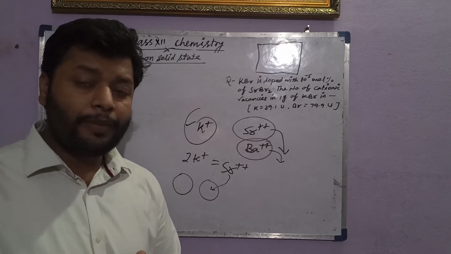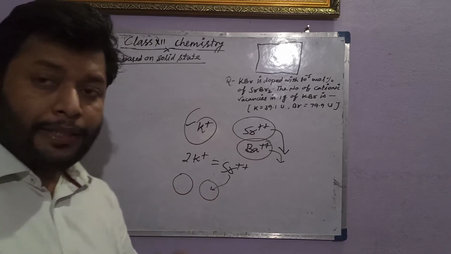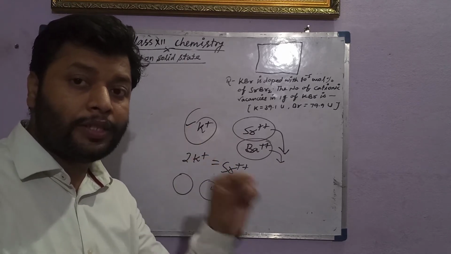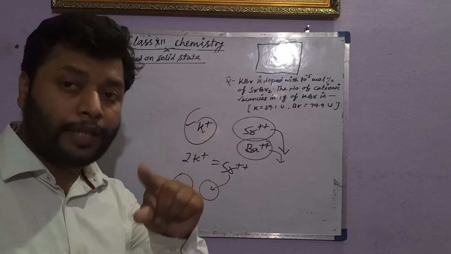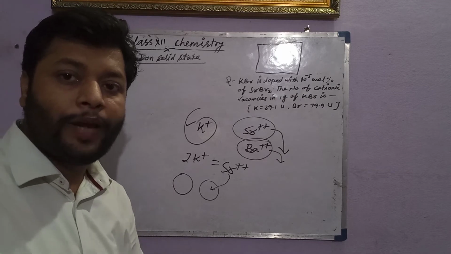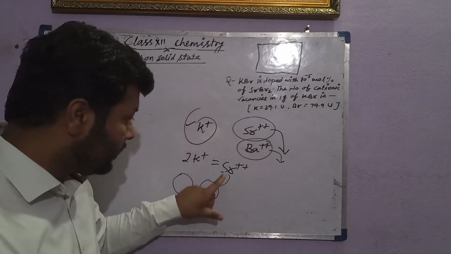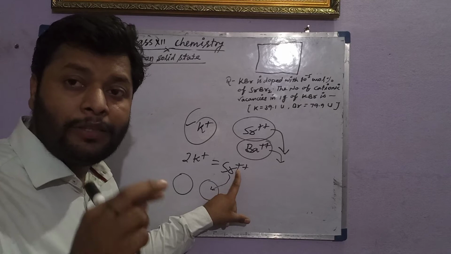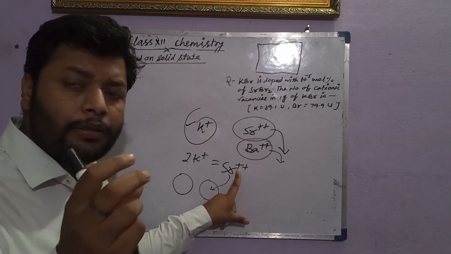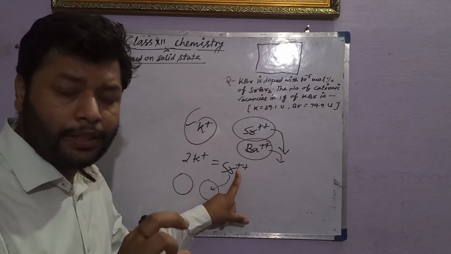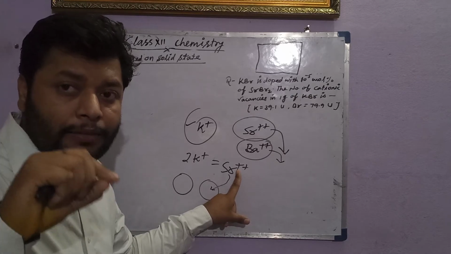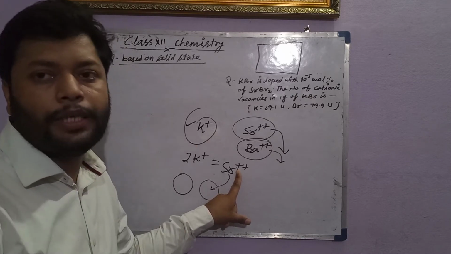So what can you observe in the crystal? You can see 1 cation place is occupied by strontium or barium and 1 cationic place should be vacant. So whenever a bivalent cation, meaning one whose valency is 2, is added as a dopant impurity, only 1 cationic hole or vacant place can be seen in the crystal.